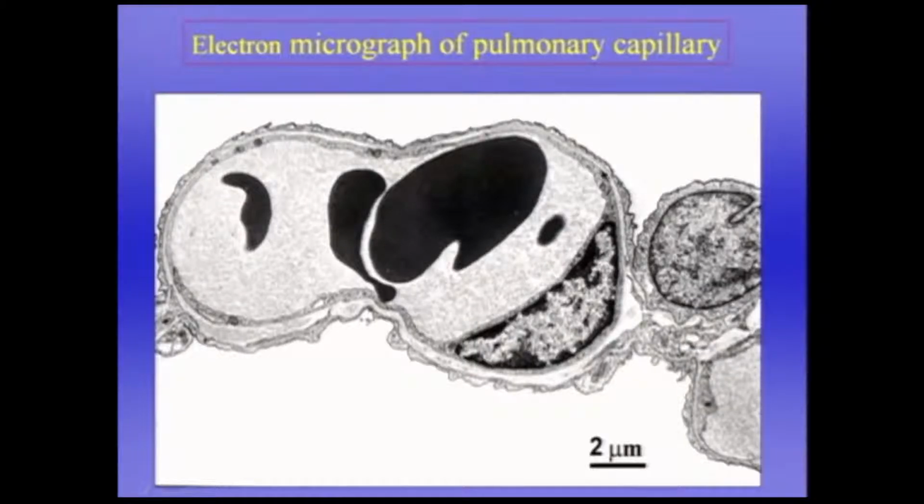Between the two layers is the extracellular matrix, or if you like, the interstitium. And on the thin side here, the extracellular matrix is made up of the fusion of the basement membranes of the alveolar epithelium and the capillary endothelium. So the two cellular layers are here, and the fusion of their basement membranes makes up the interstitium.